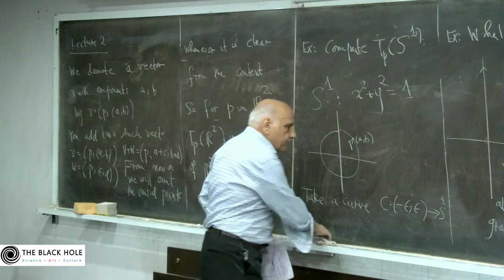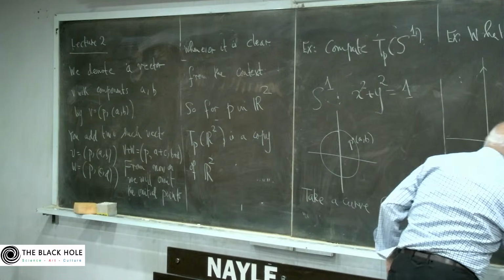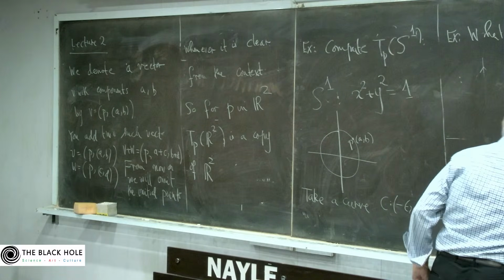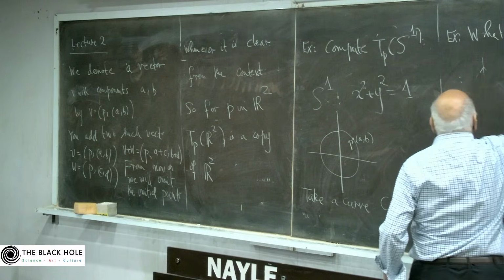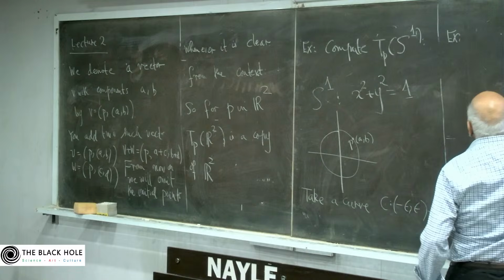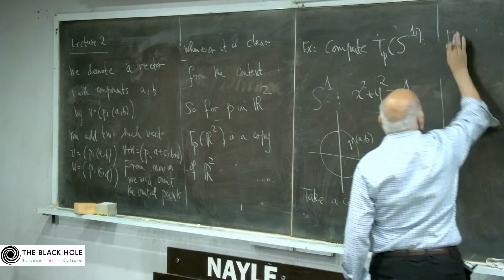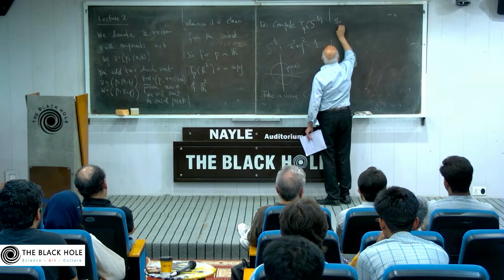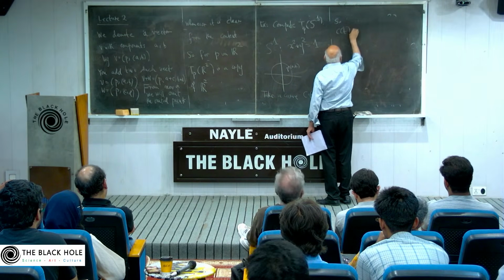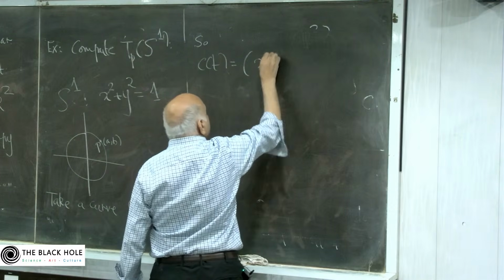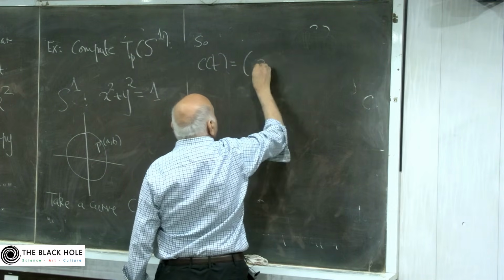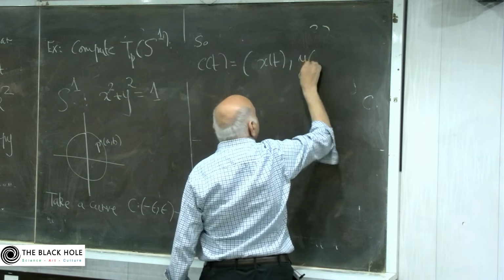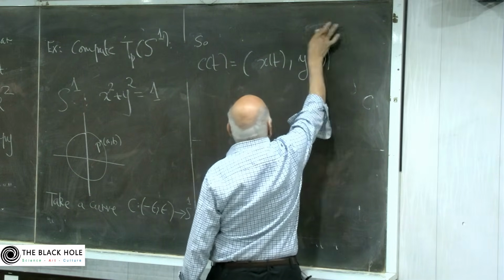So the components of C are C(t) equal to x(t) and y(t).